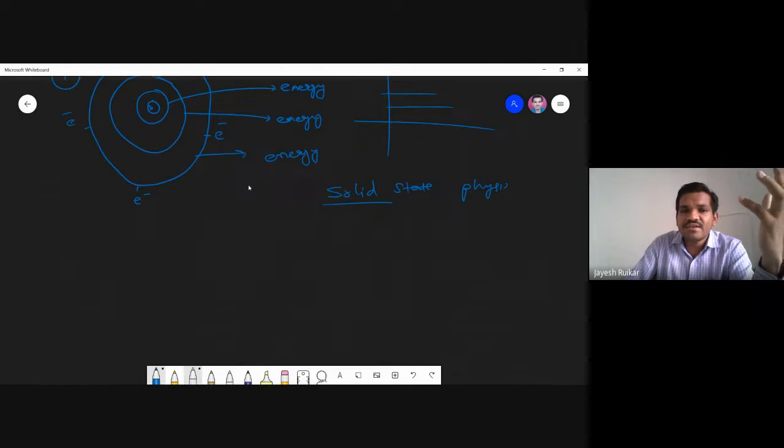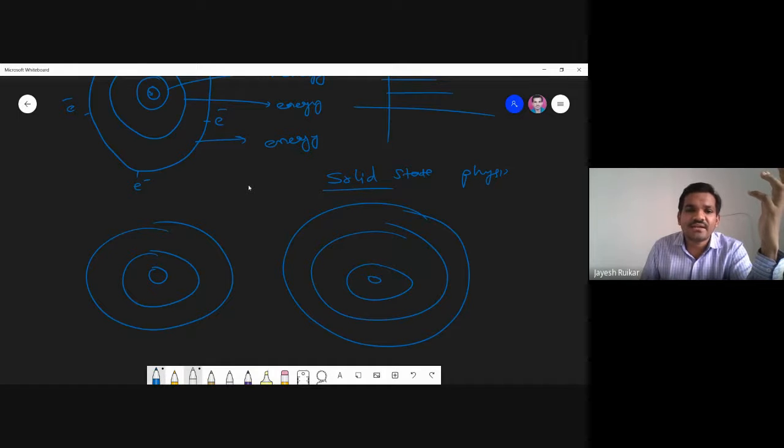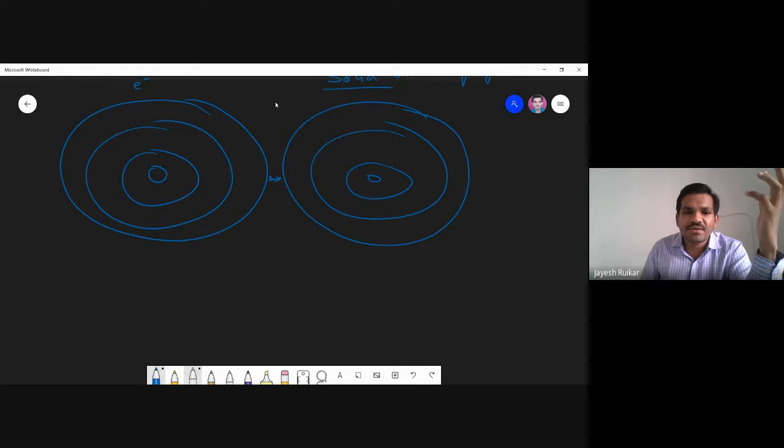Even if I consider two silicon atoms at this particular distance, and we talk about the energy of these silicon atoms, it is again like this: two lines for the first shell and two for the second shell.